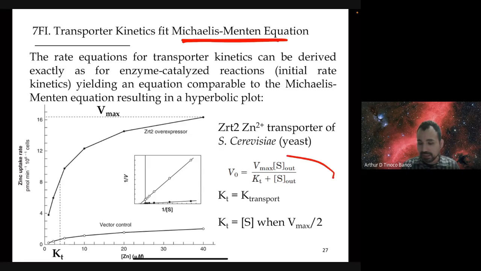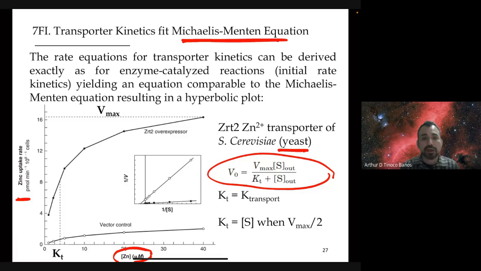So you have the same type of profile in terms of the movement of something. Here what we're looking at is the movement of zinc, the zinc uptake. The zinc is being moved by a transporter in this yeast, and we're seeing how the rate of the uptake is dependent on the concentration of the zinc.